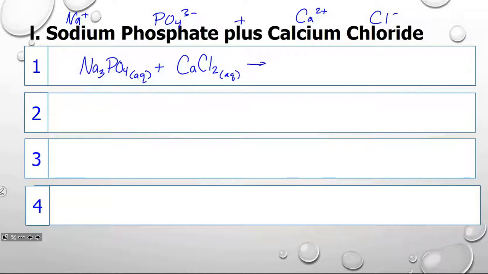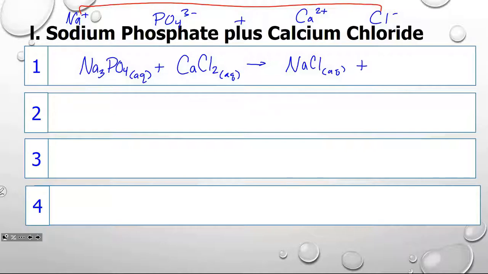Yields. Now I'm going to do the outsides. So the outsides here, sodium with chlorine, so NaCl. This is both group 17 and group 1, so these are both soluble, aq. They don't have to both be soluble in order to be soluble. Only one has to be soluble.